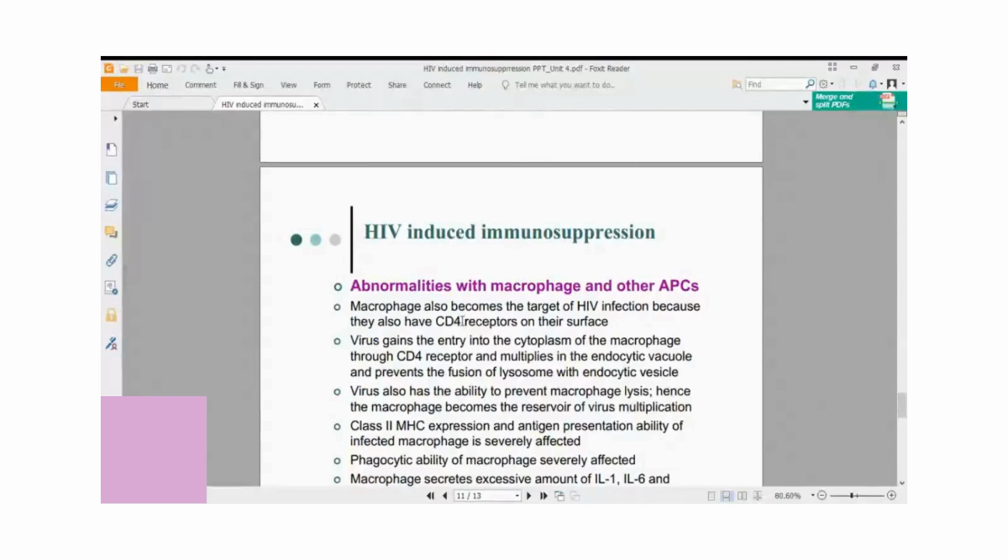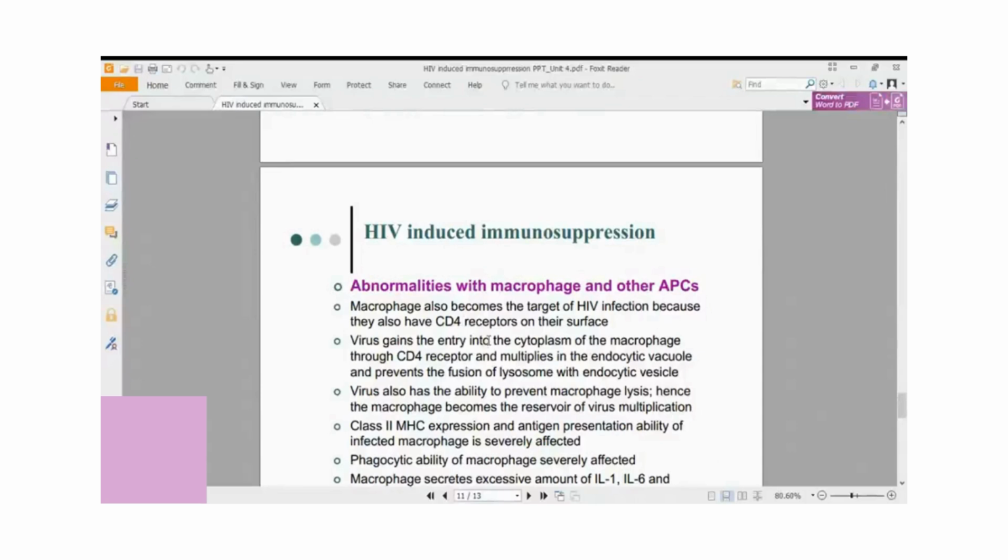The CD4 receptor of the macrophage becomes the facilitator for taking in the virus. Once the macrophage engulfs the virus, that macrophage will be unable to do its normal function. It is supposed to now fuse that endocytic or phagocytic vesicle with the lysosome.